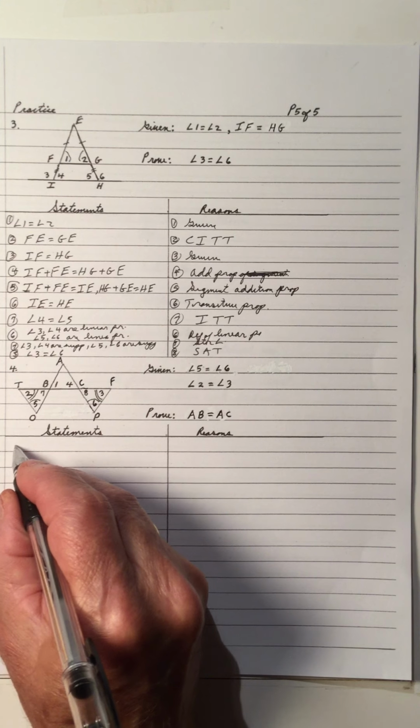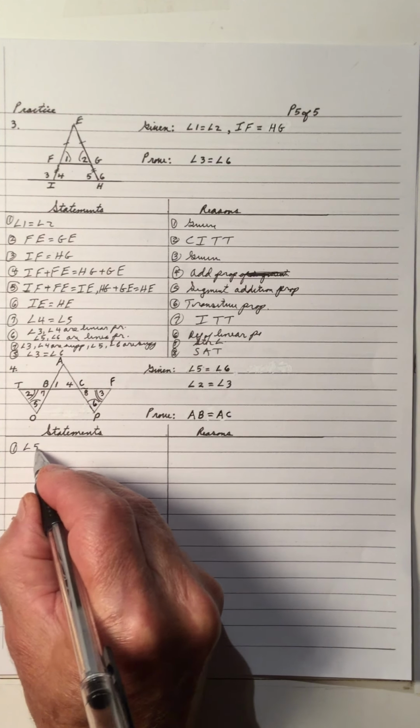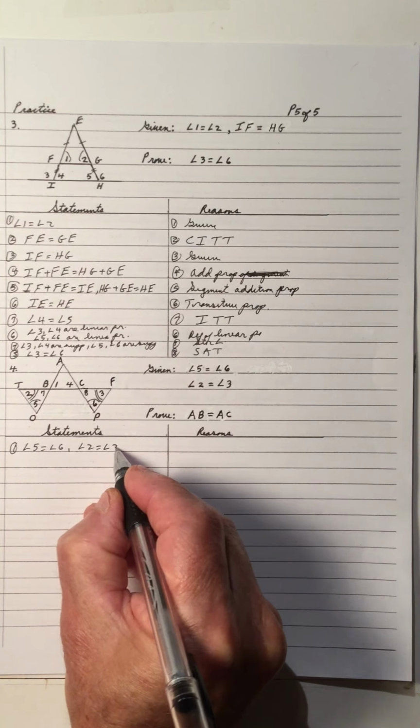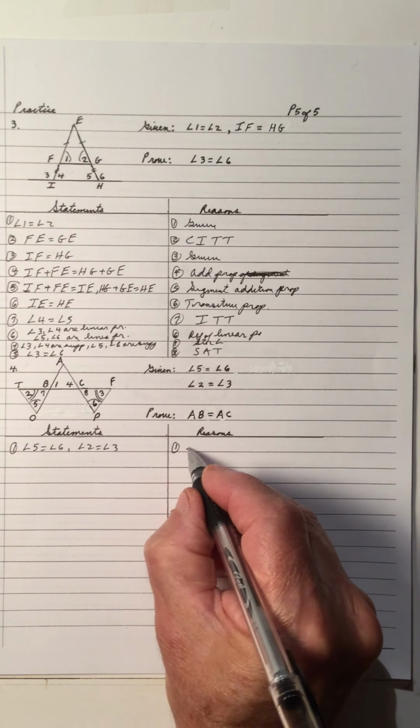Okay, here we go. We have it. Angle 5 equals angle 6. Angle 2 equals angle 3. Given.